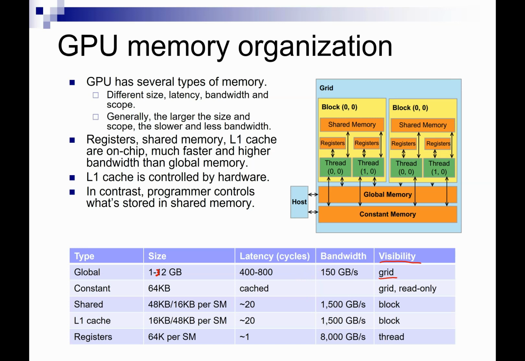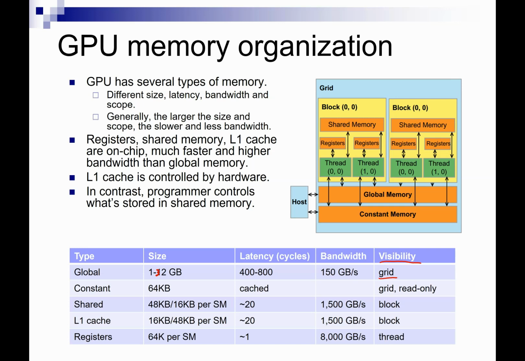Now there is a limitation here. Because the shared memory is located on an SM, and thread blocks are allocated onto SMs, the only threads which can see data from a piece of shared memory are the threads within a block. So the visibility is restricted to a block.